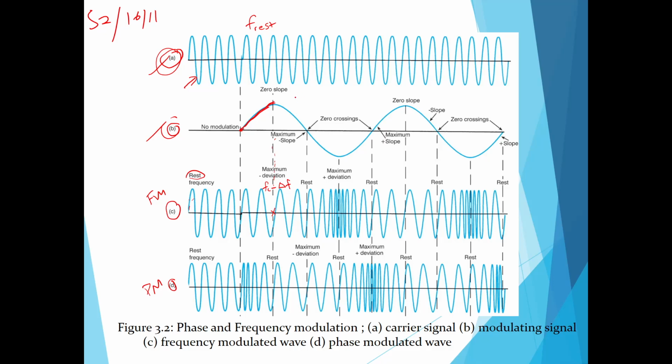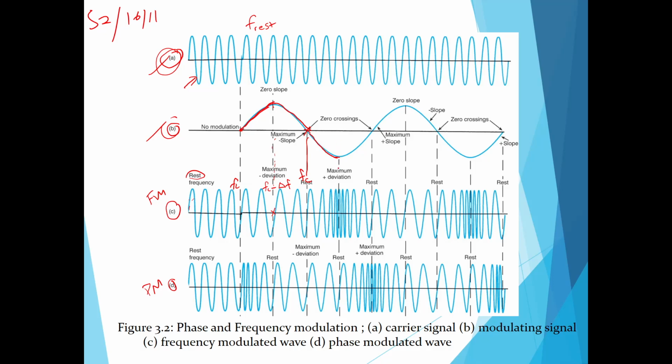Okay, and then the modulating signal moves towards the zero crossing or the x-axis. What happens is that the carrier frequency is at Fc, rest. So initially it is Fc, and then the modulating signal moves to the negative peak.